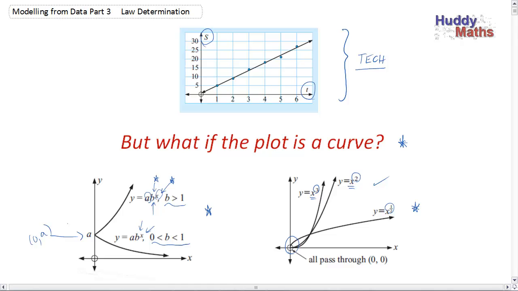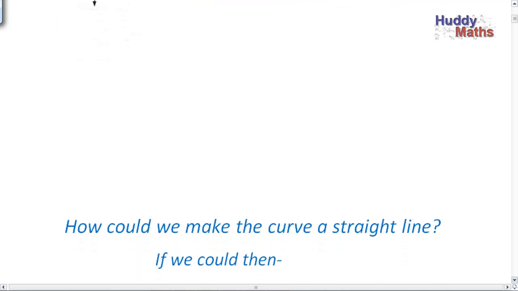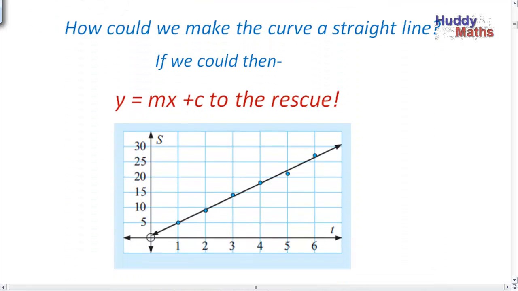So if the plot is a curve, how do we handle it? Come on down, let's have a look. One of the things we could do, could we make the curve a straight line by looking at the algebra of the function? If we could, then we could use y equals mx plus c. Couldn't we? Let's take this plot here.